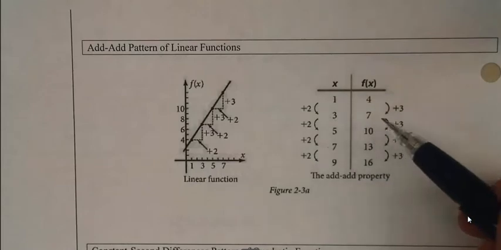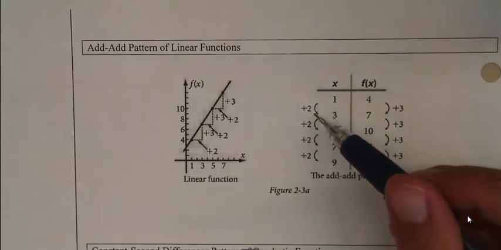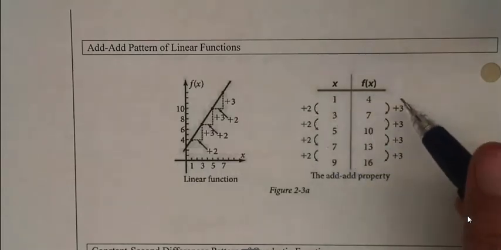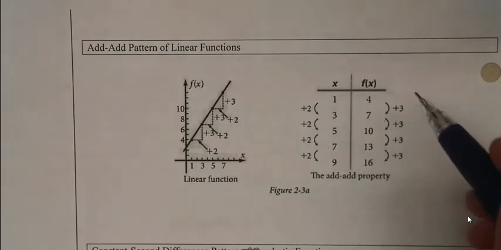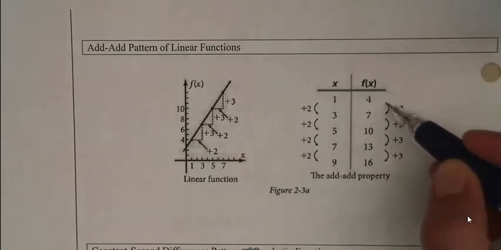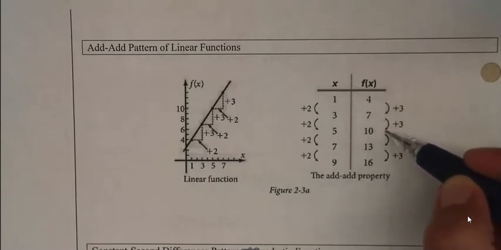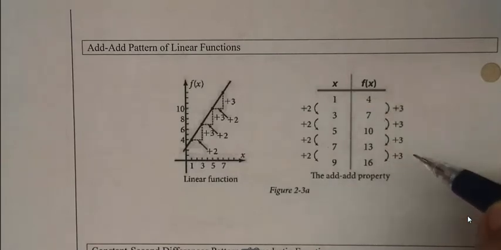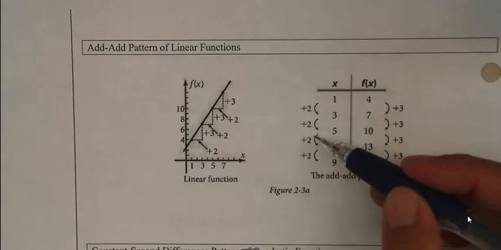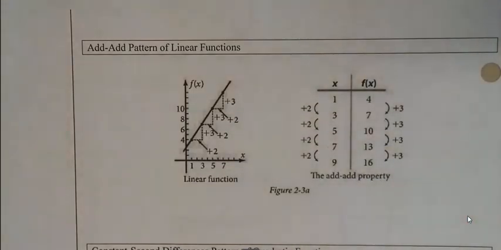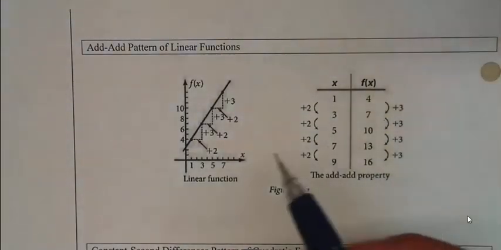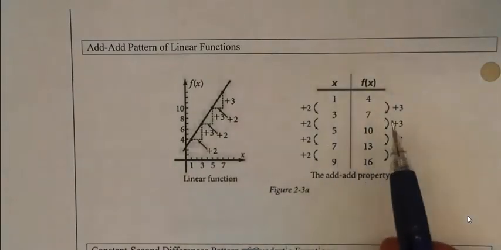That's what I mean by the constants won't necessarily be the same. The constant I'm adding to the inputs is not the same as the constant I'm adding to the outputs. However, the exact same constant is always being added to the outputs for the exact same constant added to the inputs. Hopefully that's clear. That comes from slope.